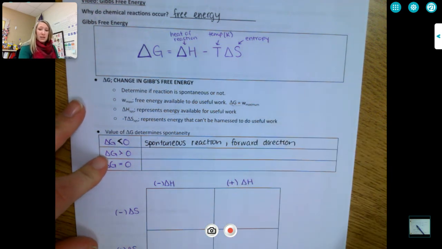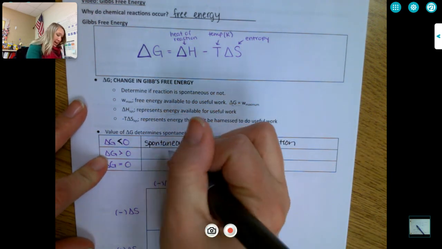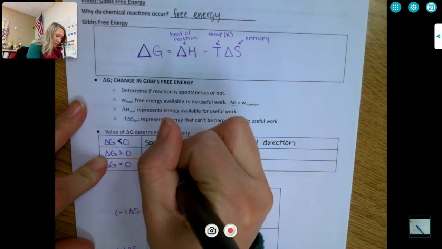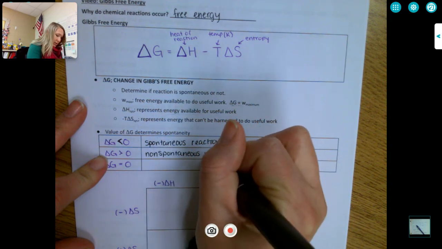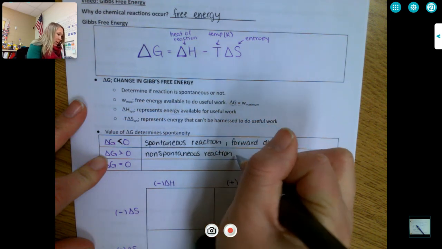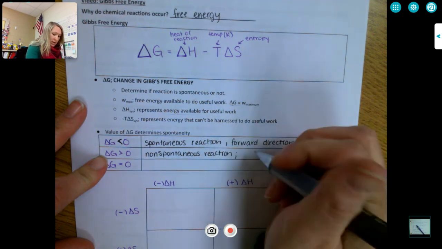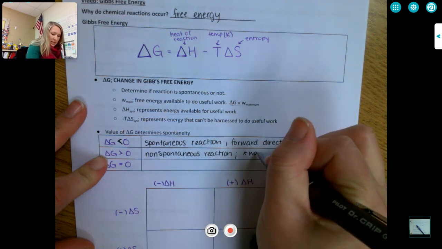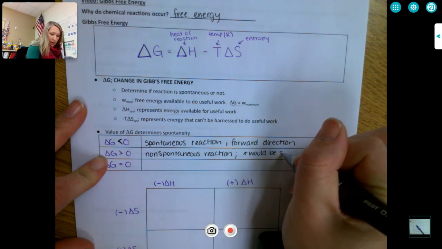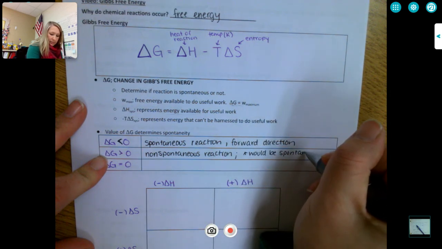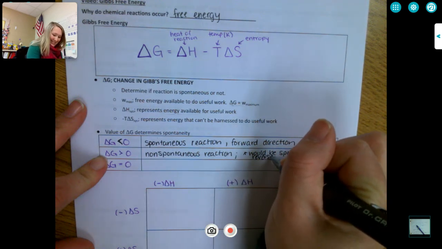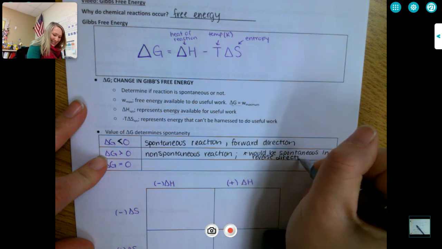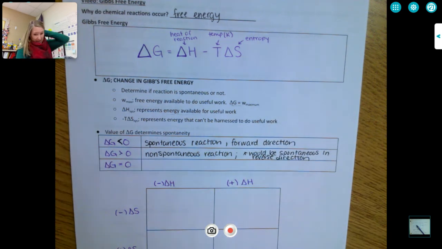If my delta G is positive or greater than 0, that is a non-spontaneous reaction as it is written, but it means that it would be spontaneous in the reverse direction. If delta G is 0, that means that we are at equilibrium.